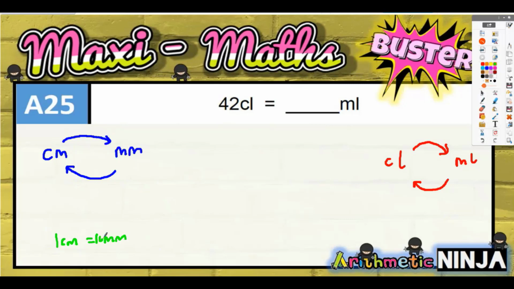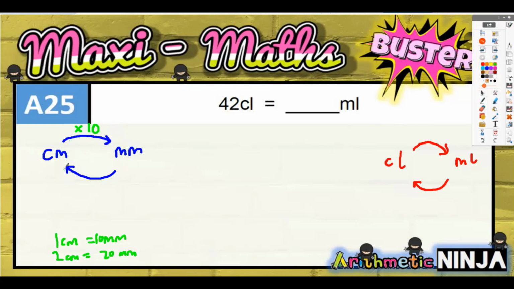So in 2 centimeters, there would be 20 millimeters. So to go from centimeters to millimeters, you're timesing by 10. If you've got an amount of centimeters, to get to millimeters, you times by 10. That works because 1 centimeter times 10 is 10 millimeters, and 2 centimeters times 10 is 20 millimeters.